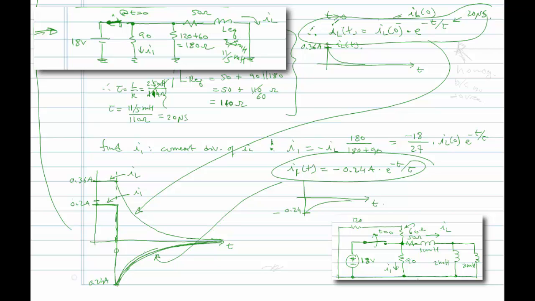This is a typical problem that you would see that involves finding the initial conditions of a circuit that has an inductor or capacitor, and then using that initial condition to solve for the complete solution for the circuit. Now notice in this case, when we say complete solution, it turned out that once the switch opened, there was no voltage or current source driving the system. The only thing left was the equivalent inductance and some equivalent resistance.